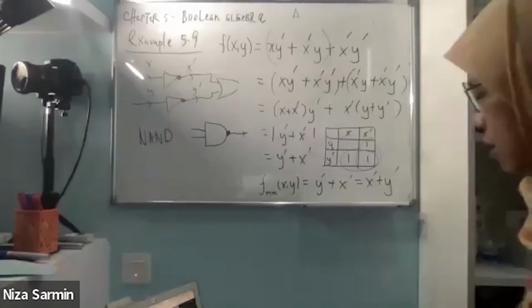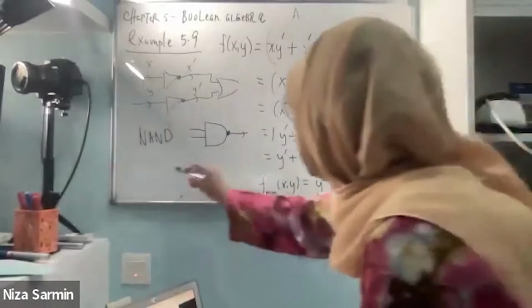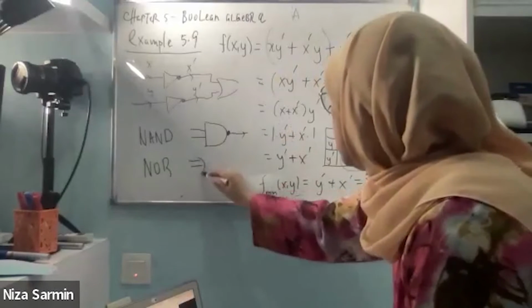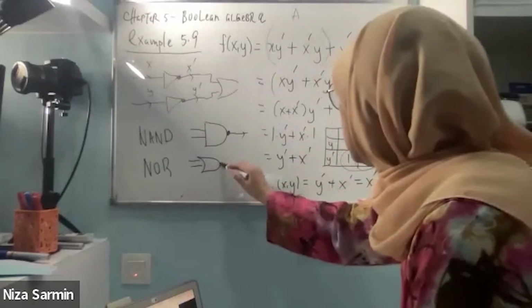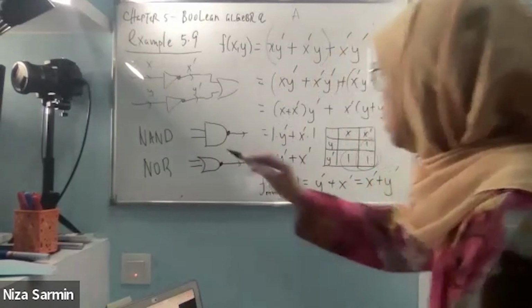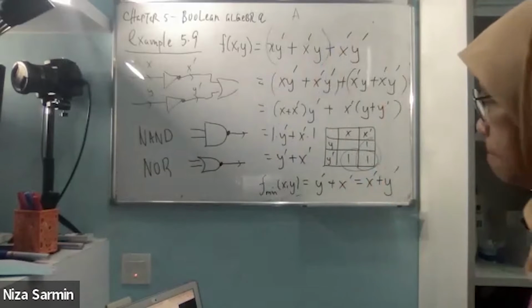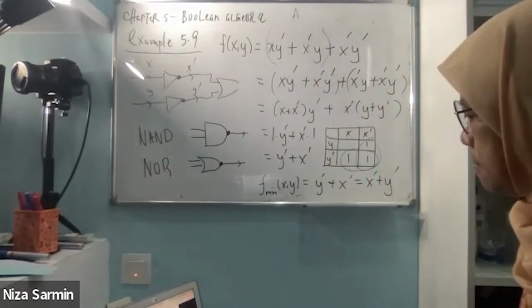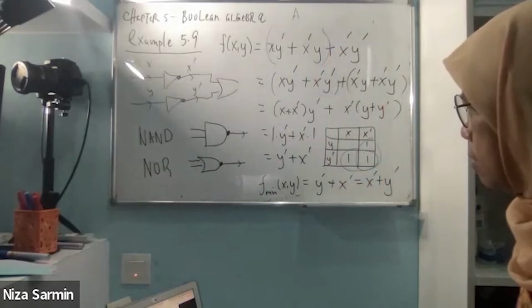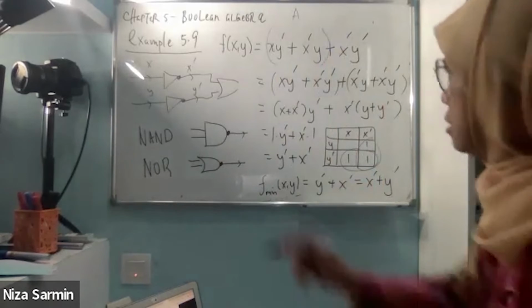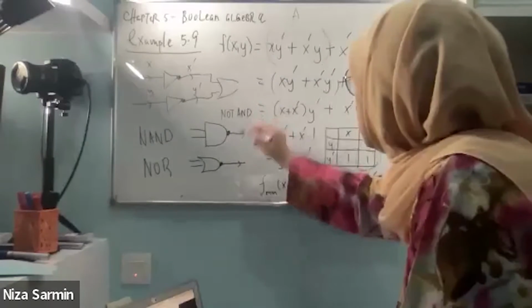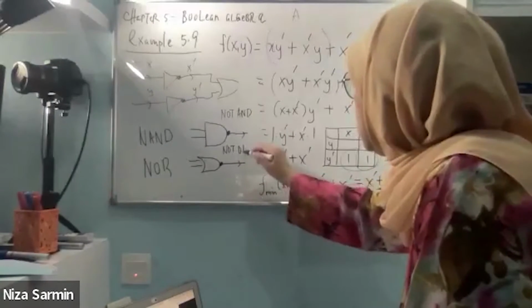Okay, so that's the NAND gate and then the NOR gate. This is not and, this is not or.